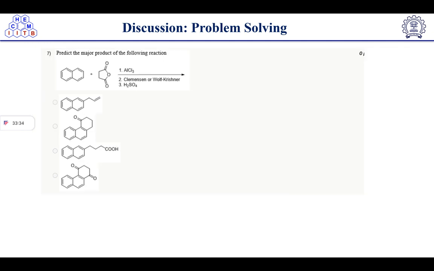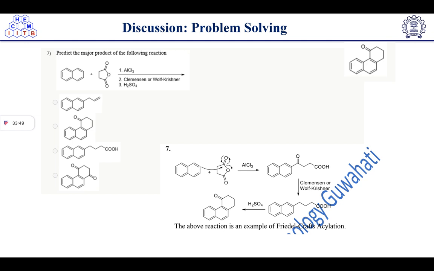Okay. Next one is predict the major product of the following reaction. In this case, we have the succinic anhydride. Sorry. So in this reaction, we know that this benzene ring, this aromatic ring, will attack this electrophilic carbonyl center, and it will open up.